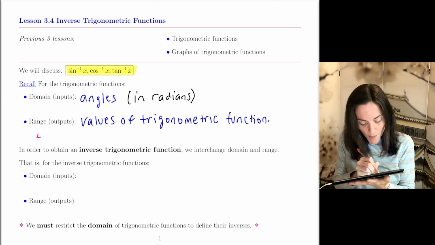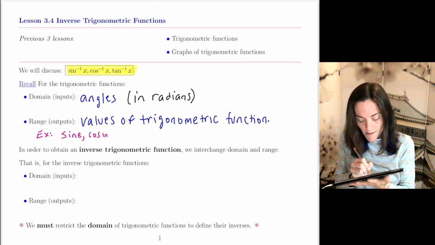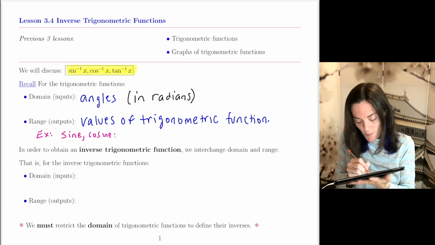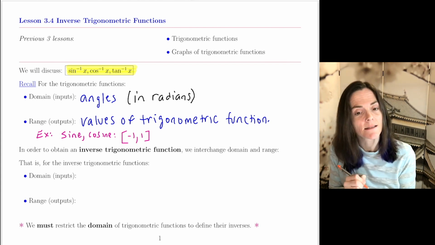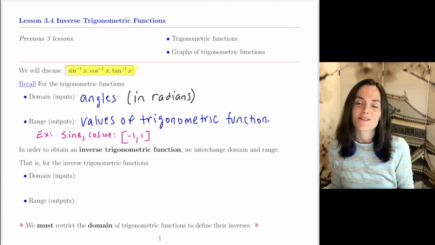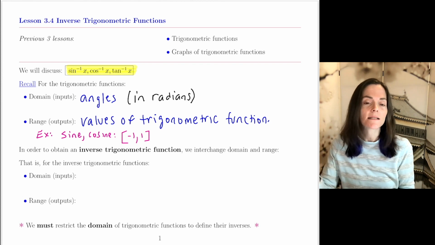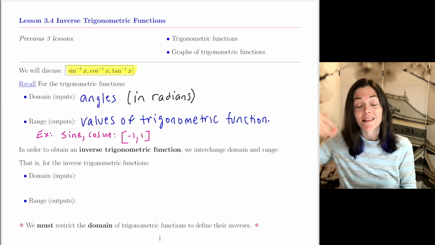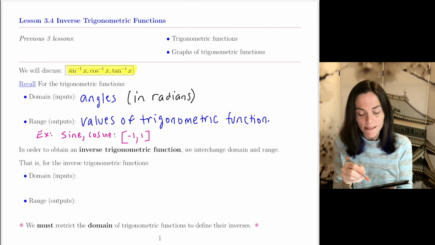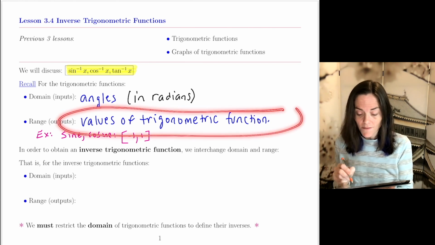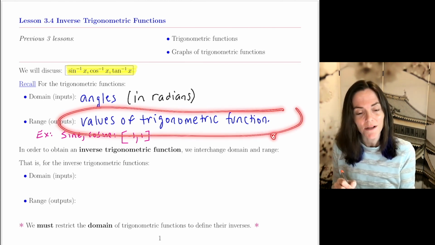So for example, just as a comment, if you have sine or cosine, the range would be this closed interval -1 to 1. This we have discussed. If we have tangent, or the other 3 trigonometric functions, it's different. But for tangent, the range is -infinity to infinity. But what I'm trying to stress at the moment is we get values of the trigonometric function as the output.